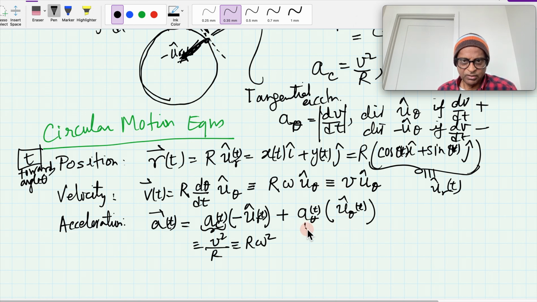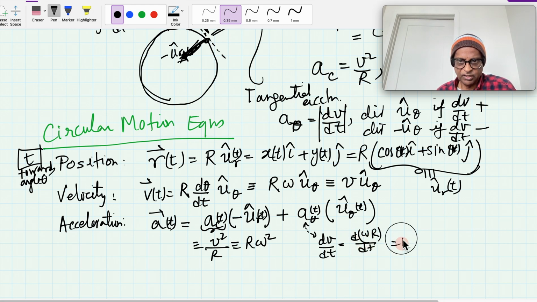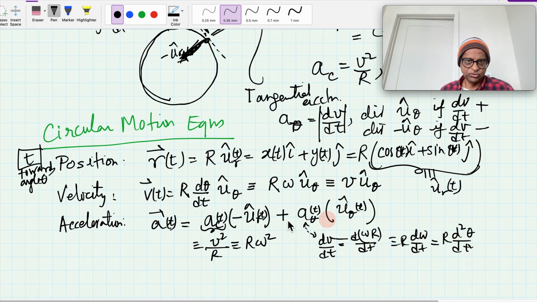And this part, a theta, was dv over dt, which is the same as d omega r dt, and r comes out, so r d omega dt, a whole bunch of ways of writing the same thing, r d square theta dt square. So in different problems you will have to separate it out.